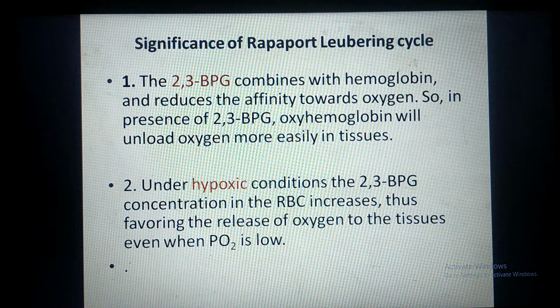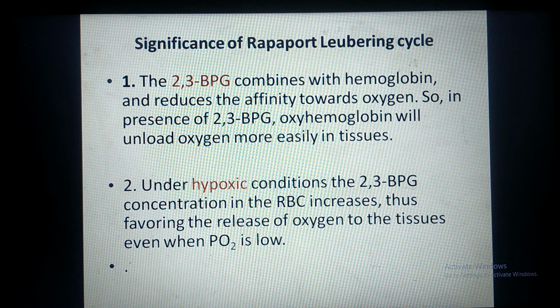Each hemoglobin has 4 globin chains, 2 are alpha and 2 are beta. 2,3-bisphosphoglycerate binds with the beta chain of hemoglobin, and it decreases the affinity between hemoglobin molecule and oxygen, as a result of which hemoglobin can easily deliver the oxygen to the tissue.